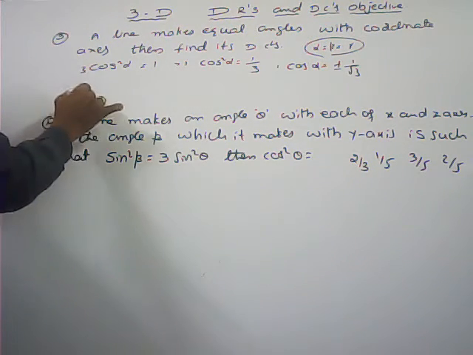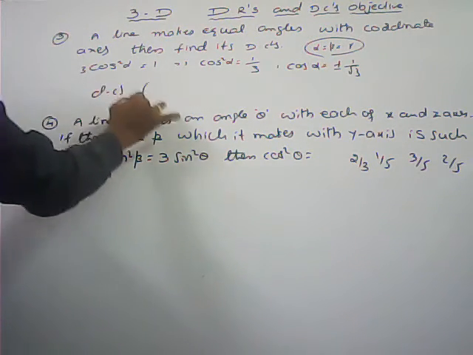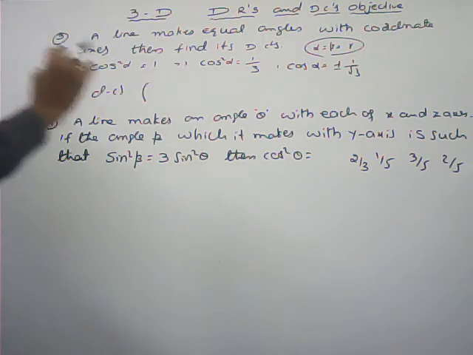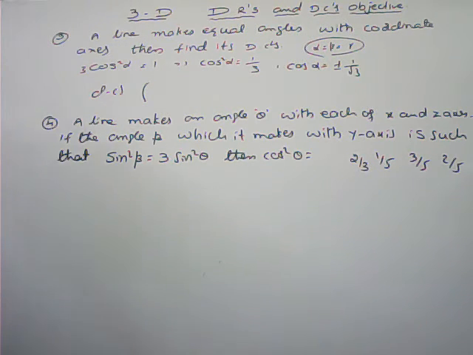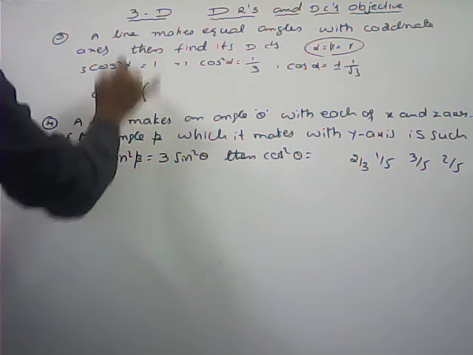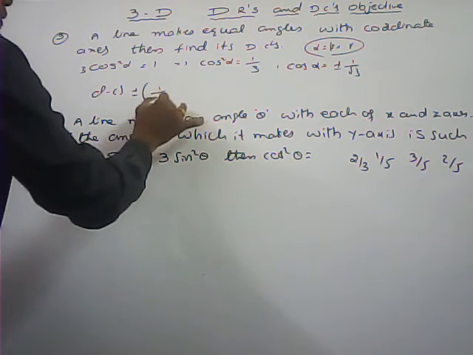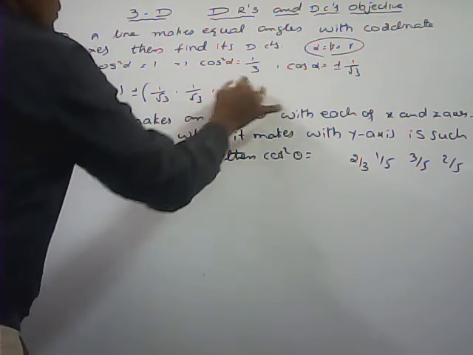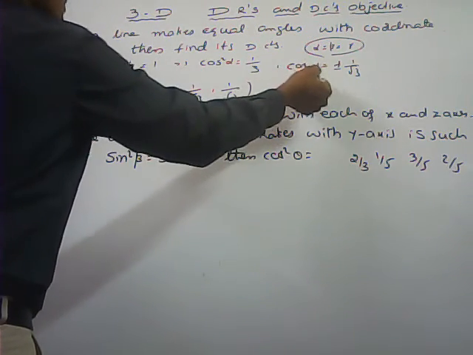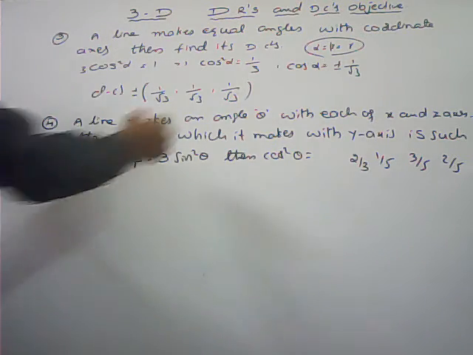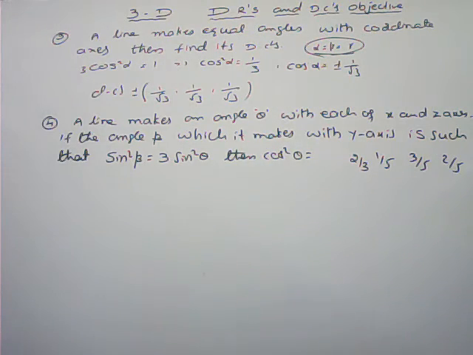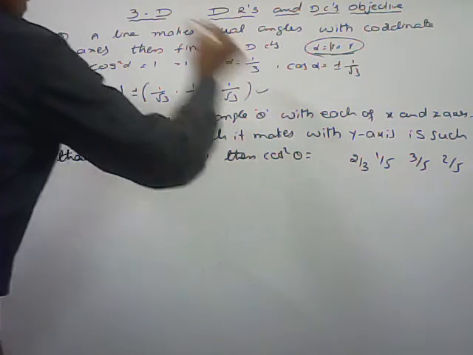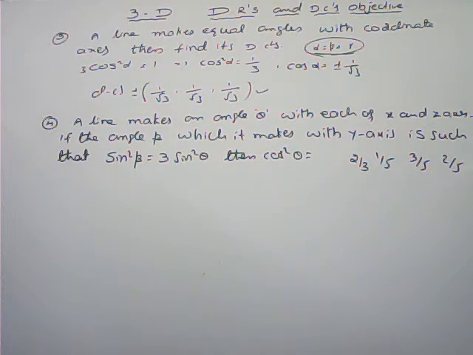So the direction cosines cos alpha, cos beta, cos gamma are plus or minus 1 by root 3, 1 by root 3, 1 by root 3, because cos alpha is equal to cos beta is equal to cos gamma, all three angles being equal. These are the direction cosines.